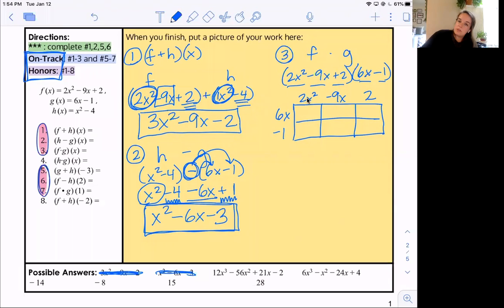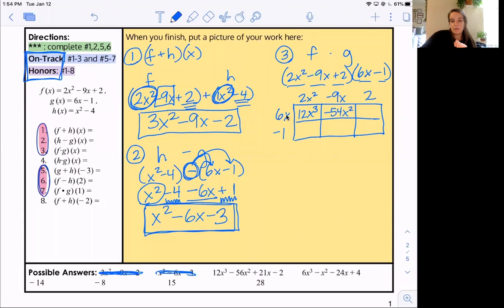So we have 2 times 6 would be 12. And we have x squared times x would be x to the third. We have negative 9 times 6 would be negative 54. And x times x makes x squared.